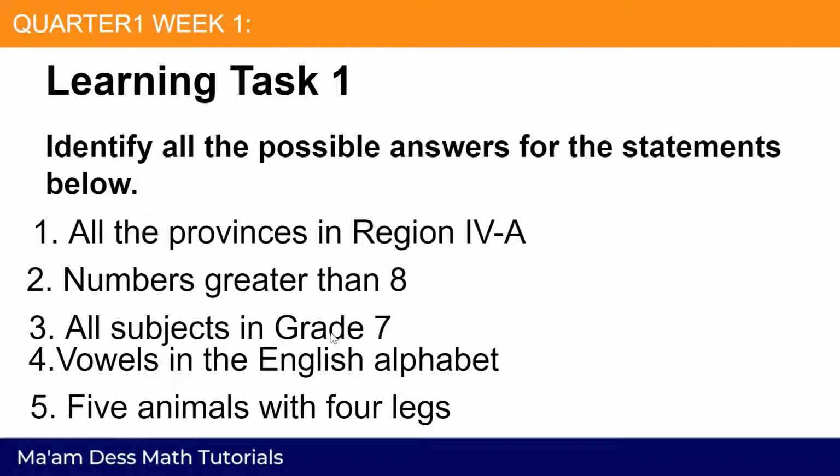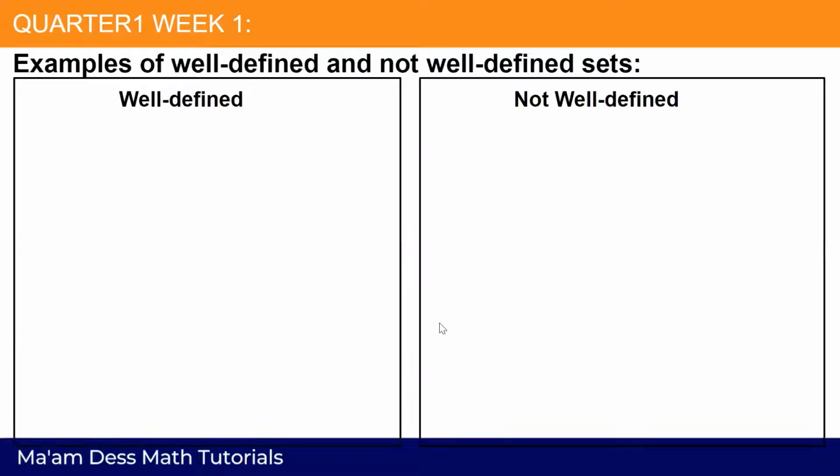Okay, since we understand the given phrases, let's proceed. So let us have the words well-defined and not well-defined sets. So what are well-defined sets and not well-defined sets? So let's start from well-defined.